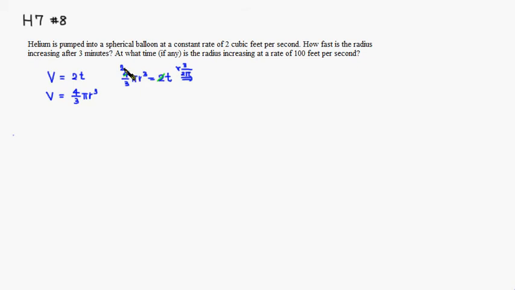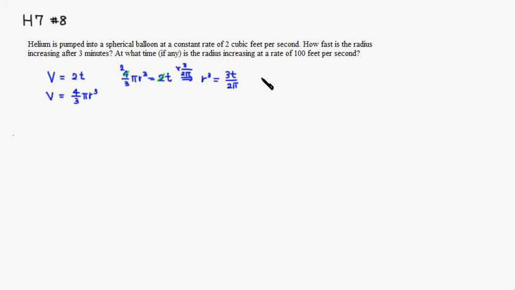You can see that the 2 and 2 cancel out, 3 and 3 cancel out, pi and pi cancel out, so you just get r cubed equal to t times that, simply 3t over 2 pi. So we got that.